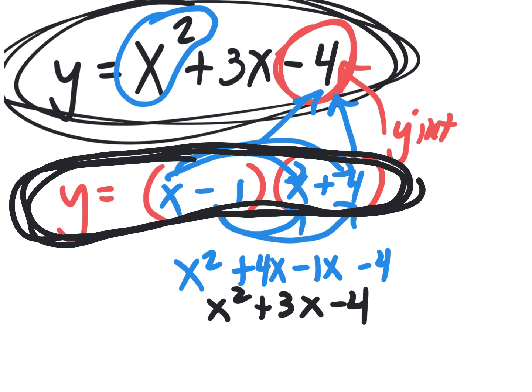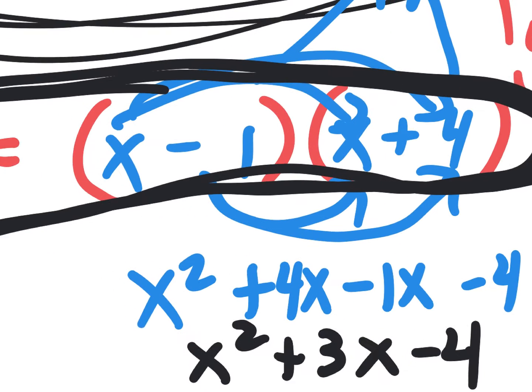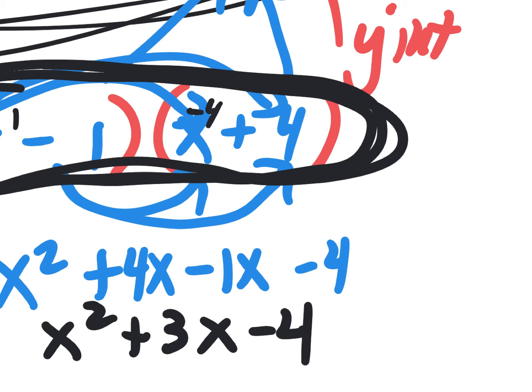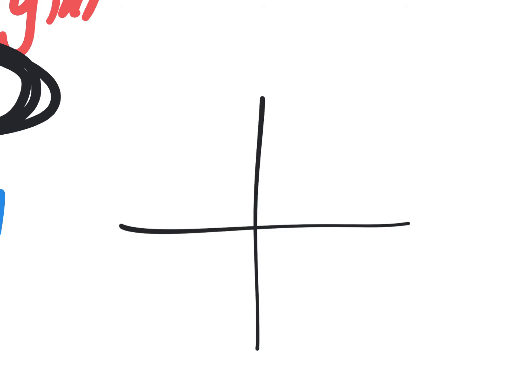What's factored form good for? It's a tool. You know, the other one was good for the y-intercept. This one is good for the x-intercepts. 1 is one of the x-intercepts because it makes it equal 0. Negative 4 is the other x-intercept because it makes it equal 0. Watch how easy that is then.